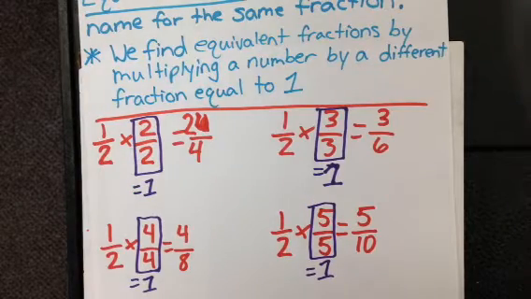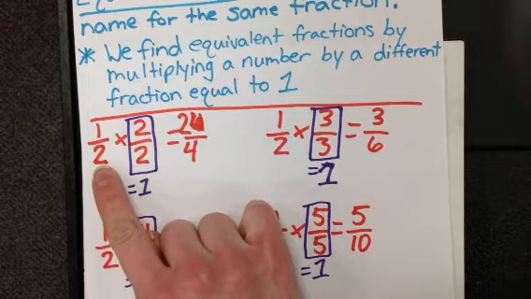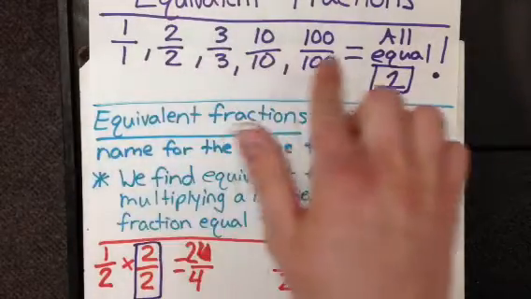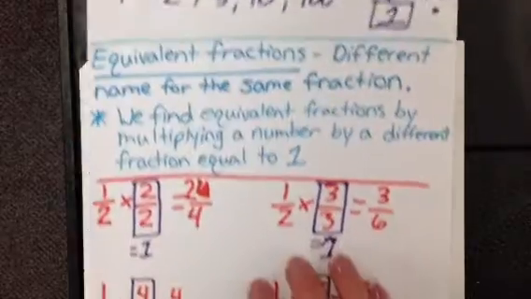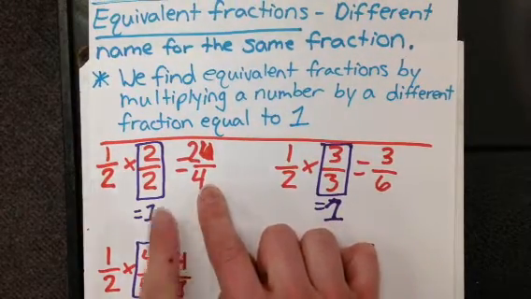So let's look at some examples of this. If we have the fraction 1/2 and we want to find an equivalent fraction, we can multiply 1/2 times any one of these types of fractions to get an equivalent fraction, one that is equal to 1/2.